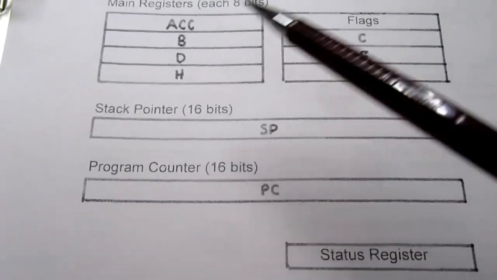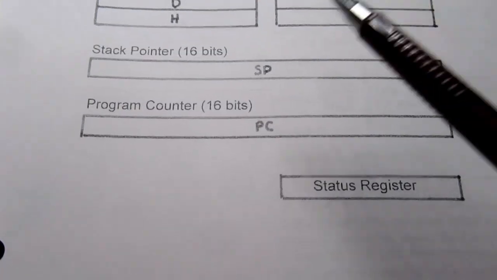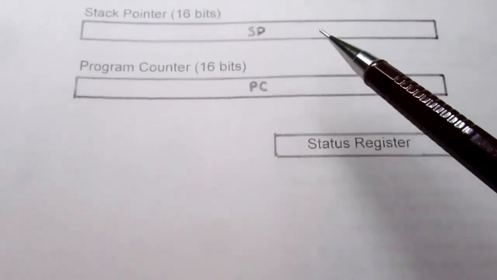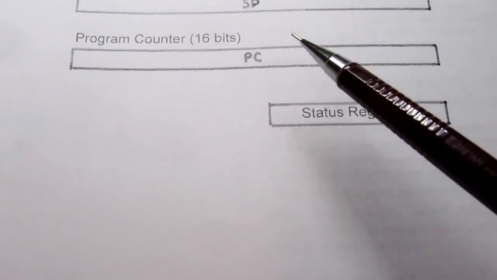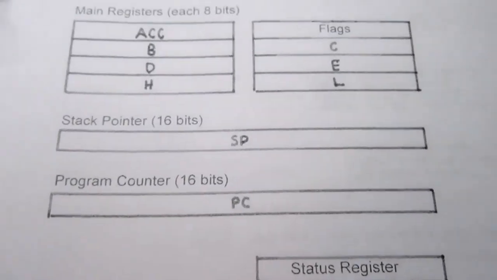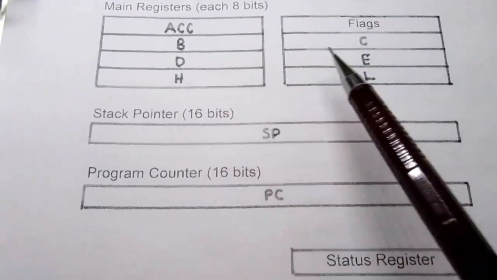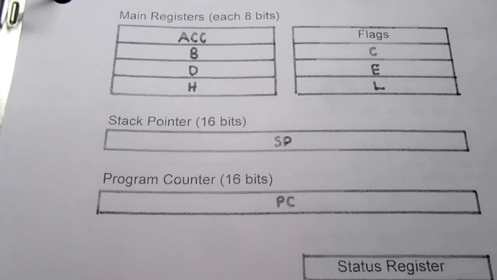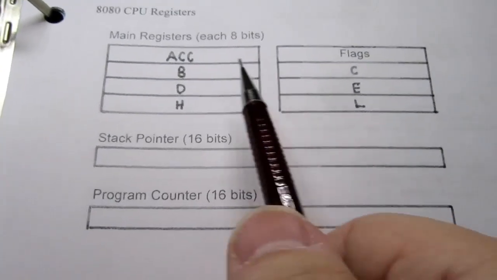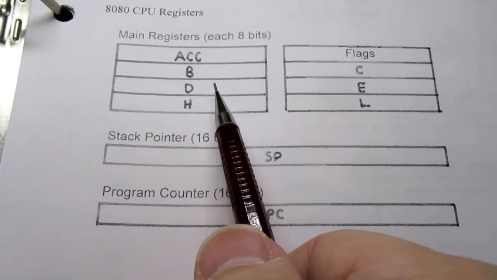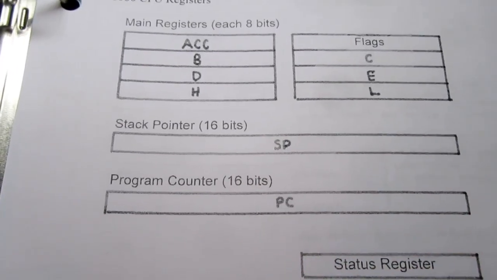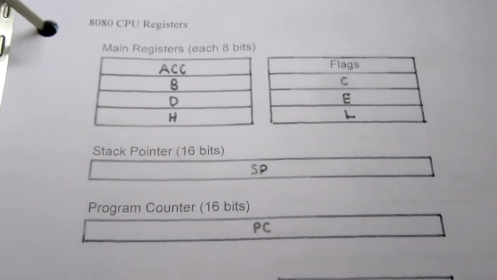Most of the other ones you can be more flexible. There's also the stack pointer, which we're not going to worry about here, the program counter, which we don't have to worry about as far as this program is concerned, but just so you understand that there's these register pairs that we're treating as one 16-bit register. This is like one 16-bit, this is another 16-bit, and so on. But they are referred to by those letters.